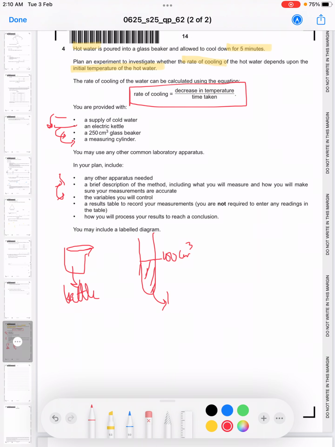So it is hot water, and then we have a beaker in which we pour this liquid, and here we will measure the temperature. So for measuring the temperature we must have a thermometer, right?